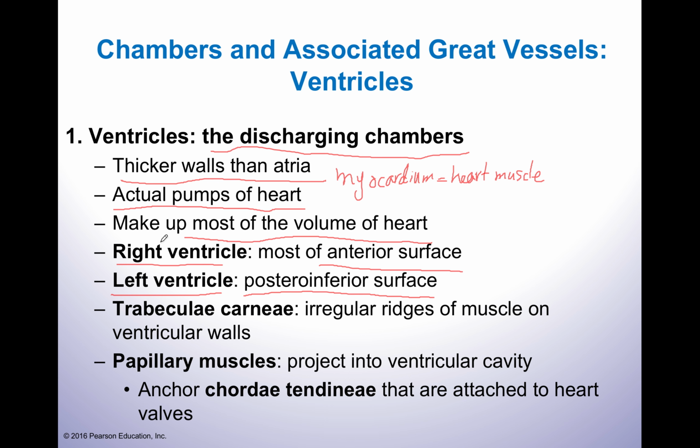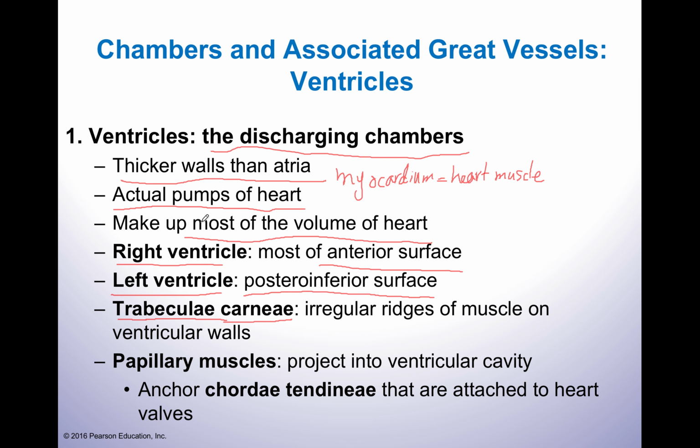Now, inside the heart, we have muscles that are very similar to the pectinate muscle we discussed for the right atrium, but in this case they're called trabeculae carneae, which are basically irregular ridges of the muscle in the ventricular wall. Analogous to the ridges of the muscle we see in the right atria called pectinate muscle.